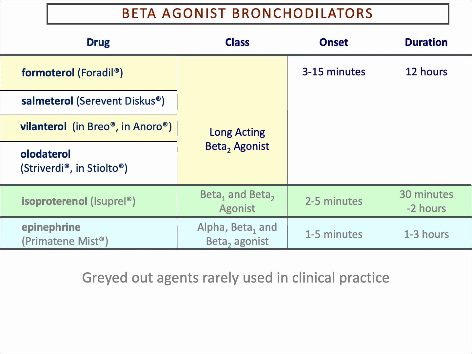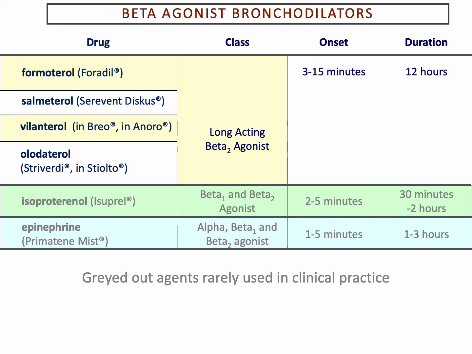Some other bronchodilators that we think about are the longer-acting beta-2 agonists. Formoterol and salmeterol are traditionally the ones that have been used the longest, but there are others on the market as well. They have an onset that's almost as fast as albuterol, and their duration is up to 12 hours.